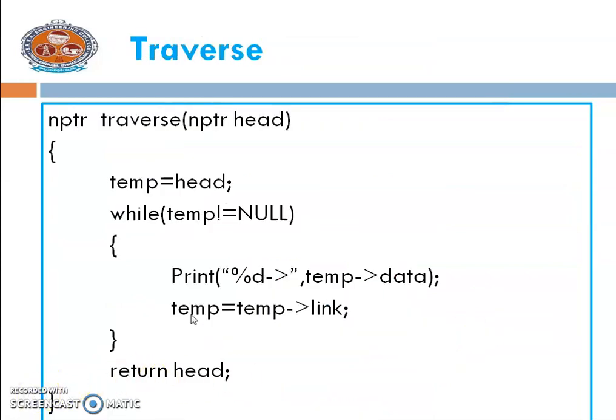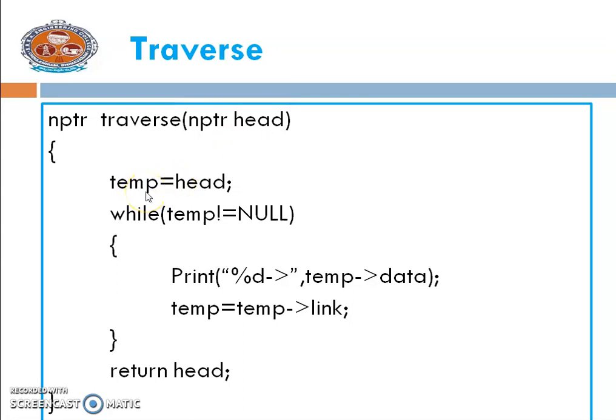And the next operation is traversing. Traversing is the most common operation that is performed in almost every scenario in a single linked list. Traversing means visiting each node of the list once in order to perform some operation on that. Here is a function of traverse. Head is an argument passed to the function.